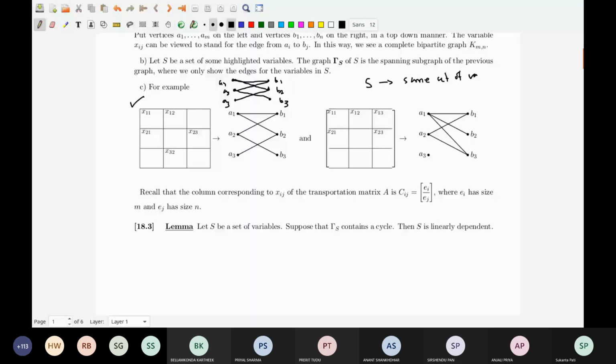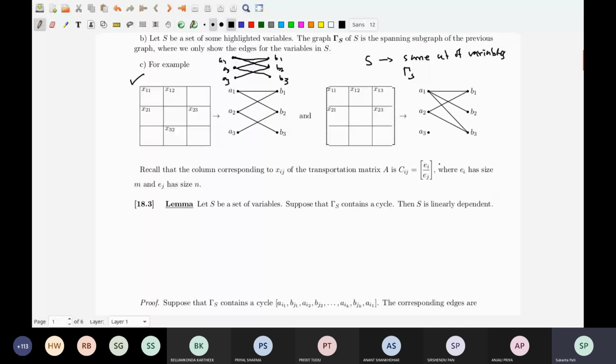So here is the first lemma. Suppose that I have a set of variables S, and suppose that gamma S contains a cycle, then S is linearly dependent. What does it mean? It means that if you take their corresponding columns from the constraint matrix A, they will turn out to be linearly dependent.